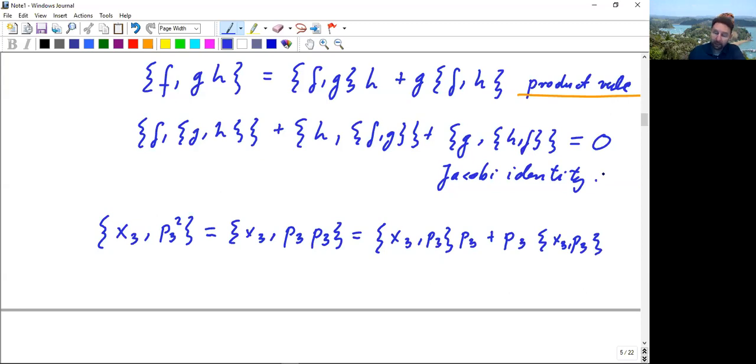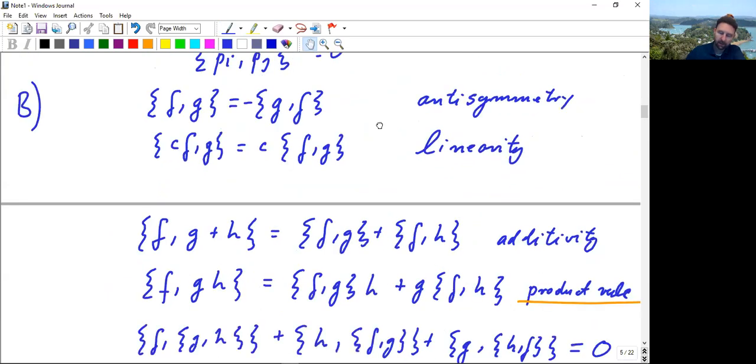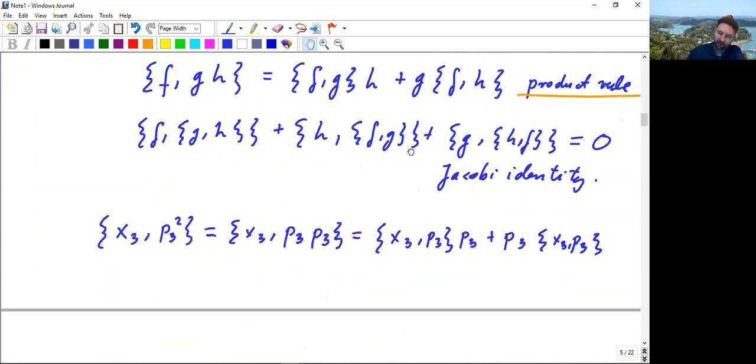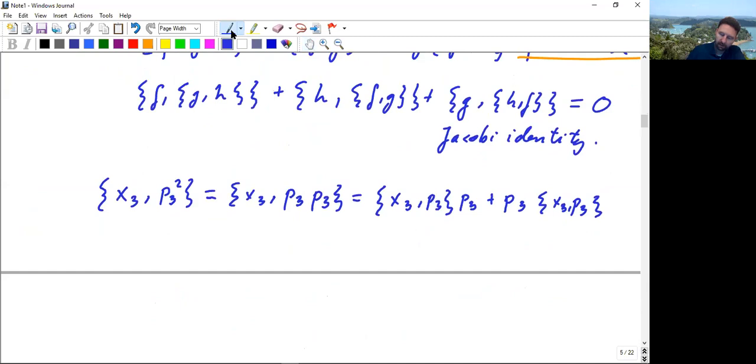Now, if we go back to what we had earlier about the linear polynomials' Poisson bracket, we see what they are. So here, x3 Poisson bracket with p3 is delta of 3, 3, which is 1. So this is 1, that is 1, and therefore this is simply 2p3.